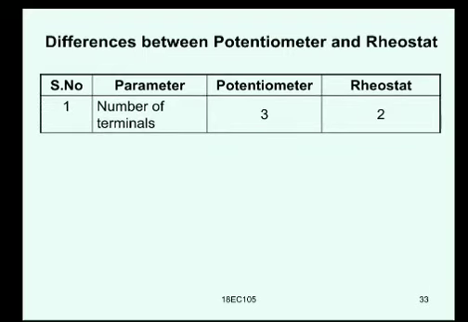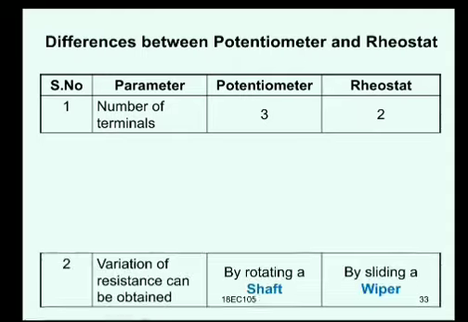So the first is the number of terminals available. In a potentiometer you have three terminals, and in a rheostat you have only two terminals. So we should understand that the rheostat is used for current variation and the potentiometer is for potential itself, meaning a potential divider or a voltage application.